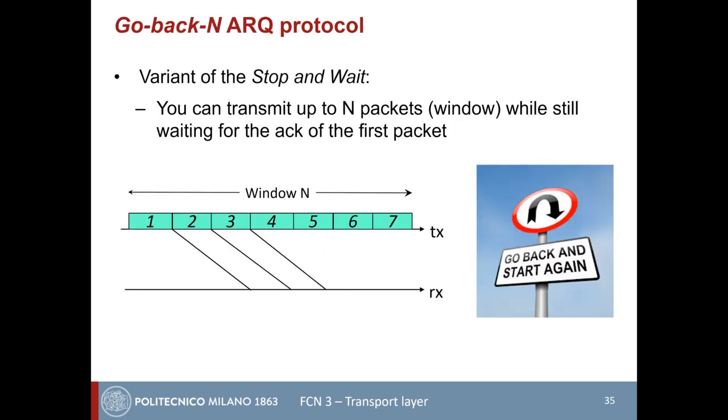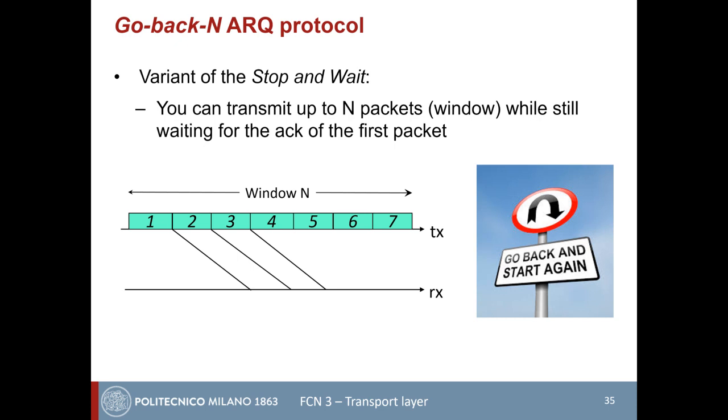So how can we increase the efficiency of the ARQ protocols? We have to start using a new tool, that is the transmission window. The simplest ARQ protocol that implements a transmission window is called go back N. It's a variant of the stop and wait.